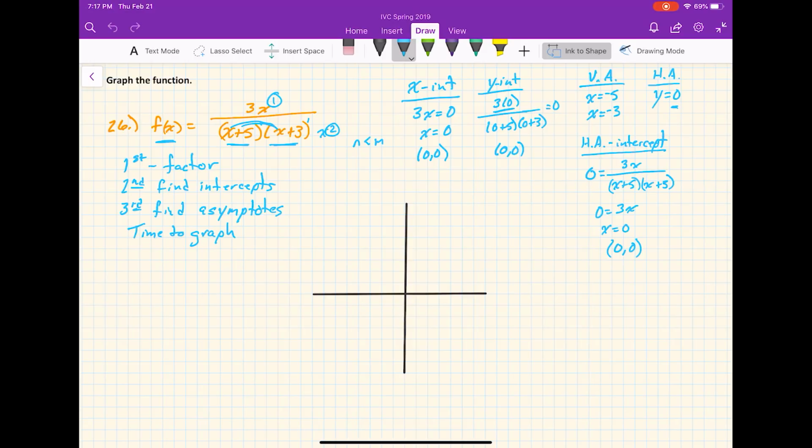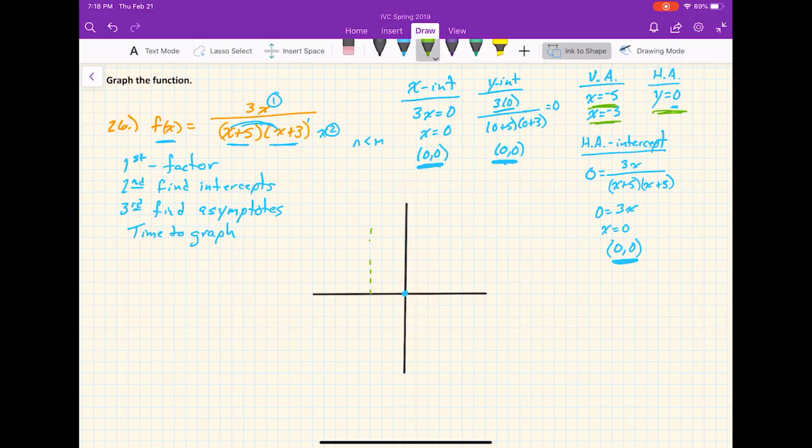All right, so my intercepts, let's look at all of those points that I found, and they're all the same. It's (0, 0), so we'll put a point at (0, 0). And that's all we really know right now. But let's see if putting up our asymptotes helps. I have asymptotes at -5 and -3, and 0 for horizontal.